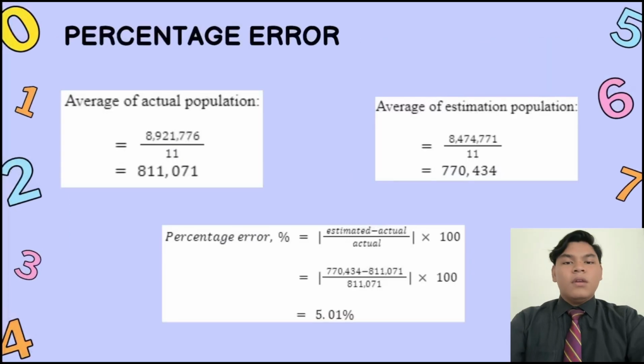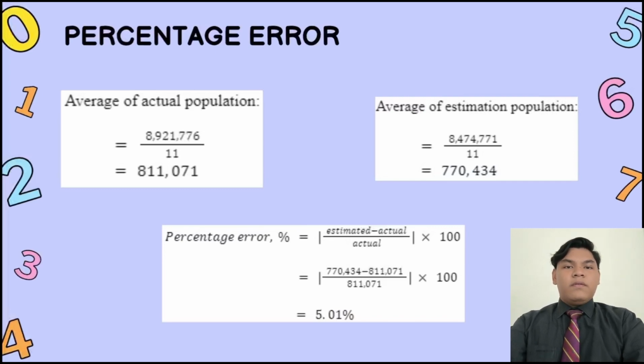For the percentage error, before we start to calculate it, we are required to find the average of the actual population. So we add all the populations from all the years, which we got 8,921,776, and we divide by 11, which is the time interval for our population, and then we got 811,071.